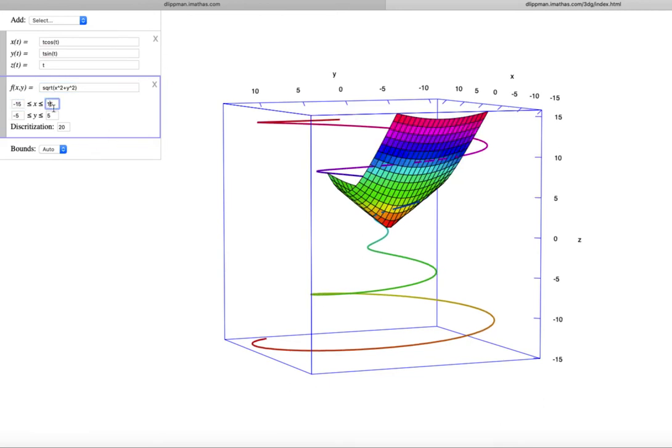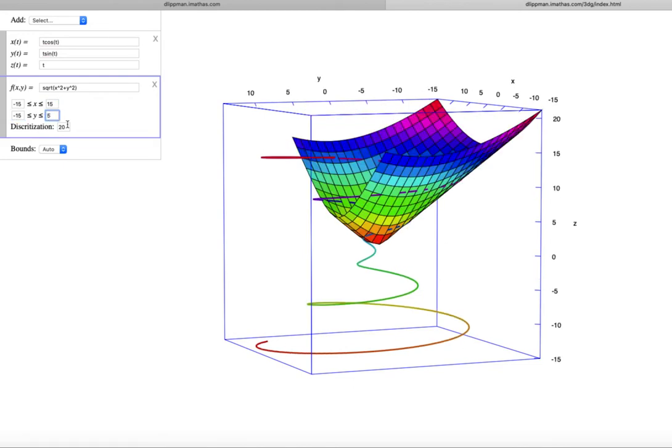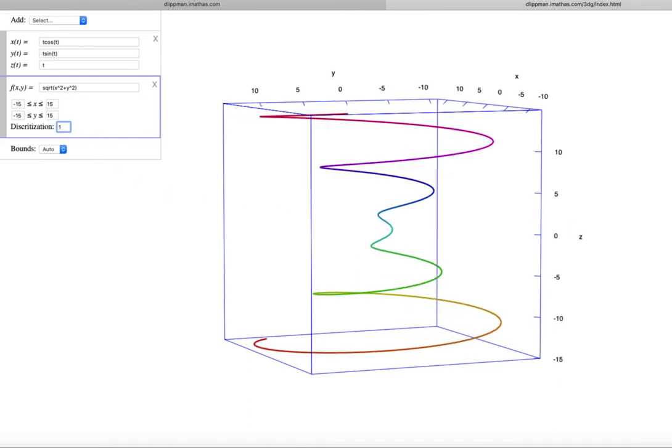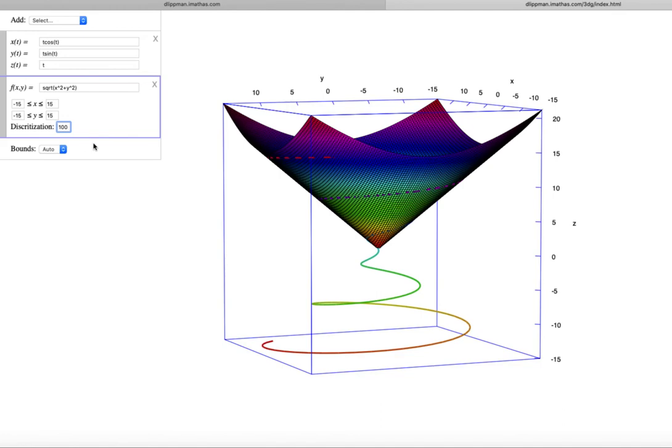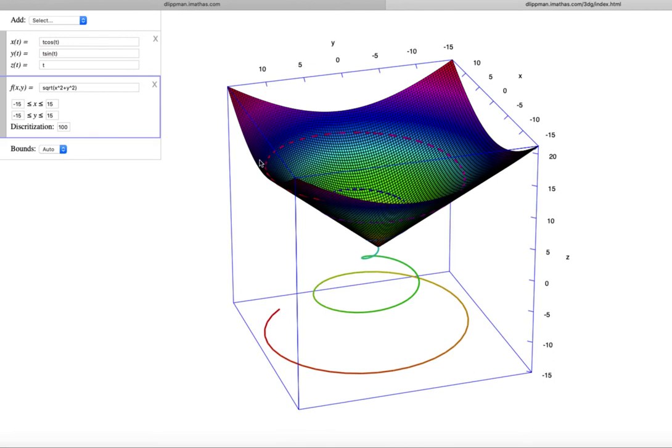I think that was kind of coincidentally the t values that I used. And then to make this a little more refined, see how it rounds off at the bottom. We know cones don't do that. Let's make this discretization more precise. So that looks pretty good there. It looks like that curve, when you see it dotted like that, that means that curve's lying right on that surface of that cone.